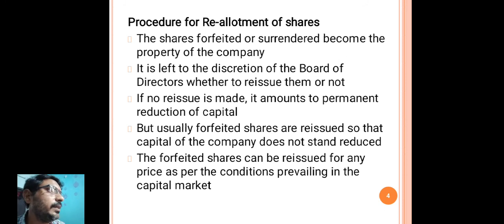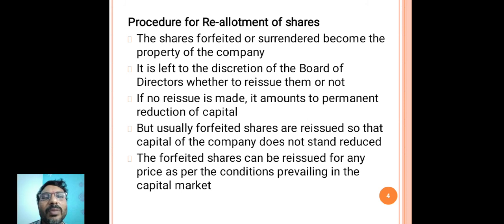Here we got an idea about the forfeited shares. The shareholders who do not pay the installment amount on the specified date, those shares are forfeited. There is no more relationship between the shareholder and the company.